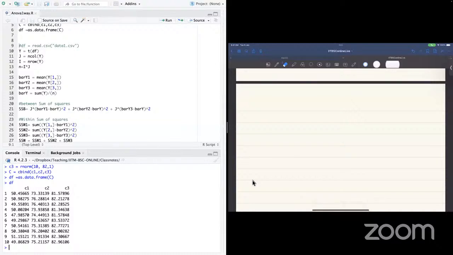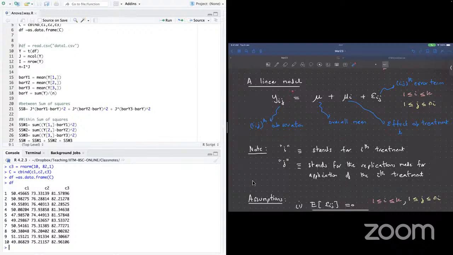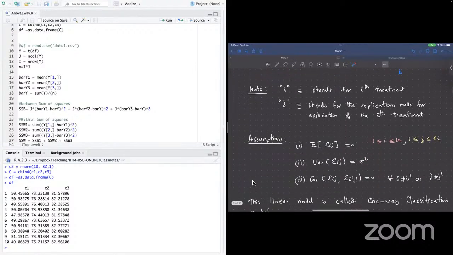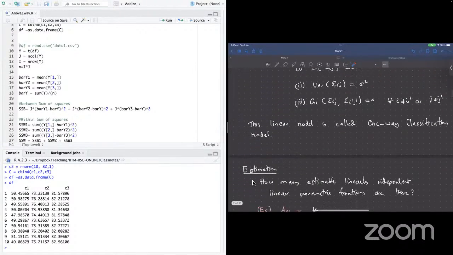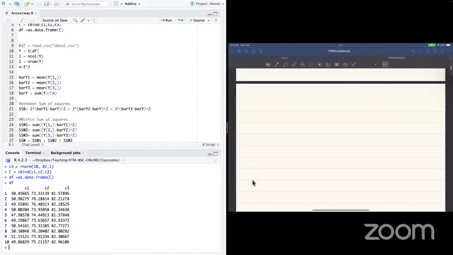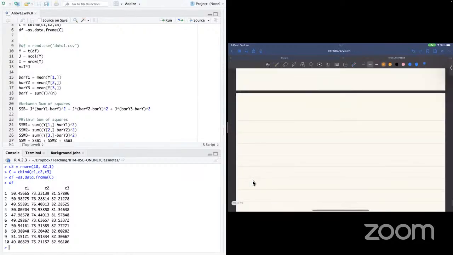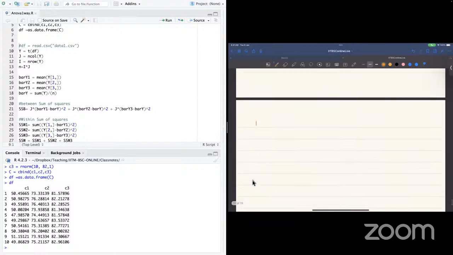Let's do it. So now I'm going to use this particular model, y is this, and I want to test. Let's say I assume my mu is 0, and I just want to test if I have yij. So the model I'm going to use for this particular question is that each of the yij's is mu_i plus epsilon_ij, where epsilon_ij is normal with mean 0 and, let's assume, variance 1 for sigma squared.